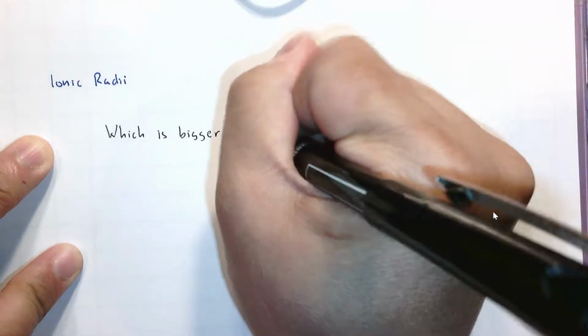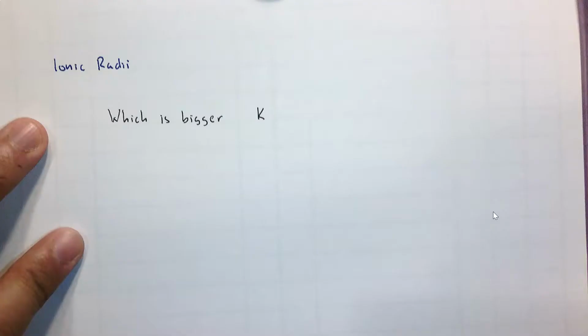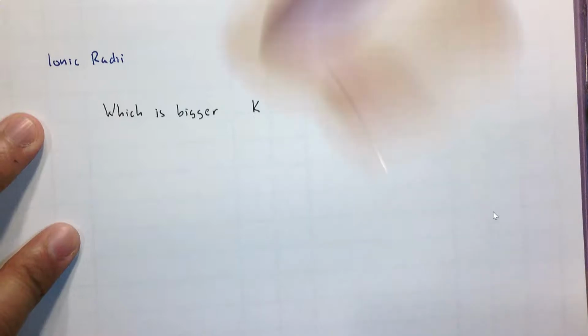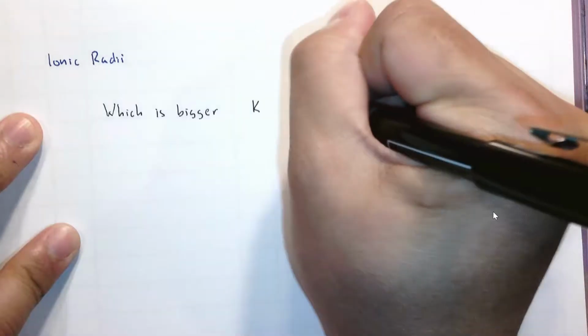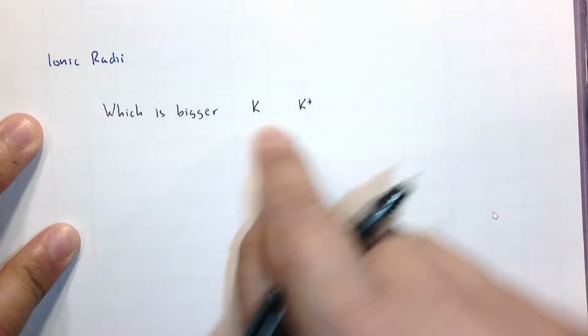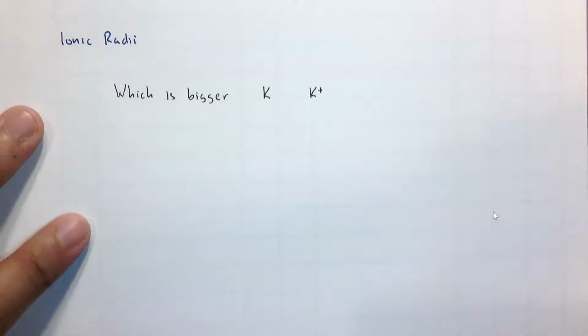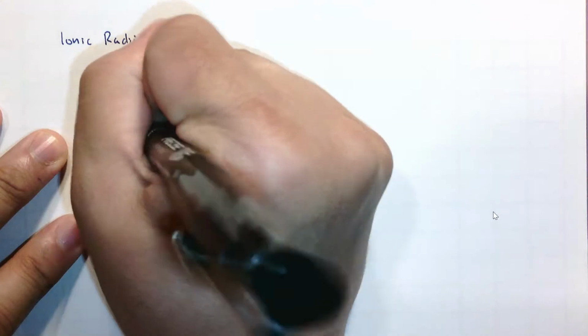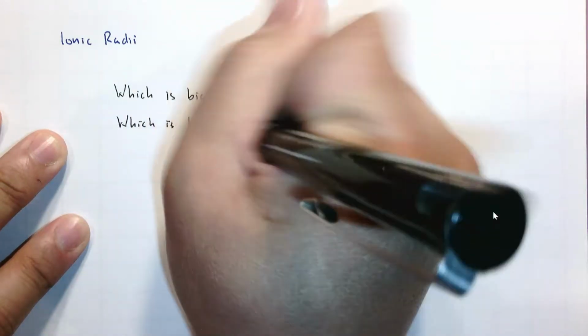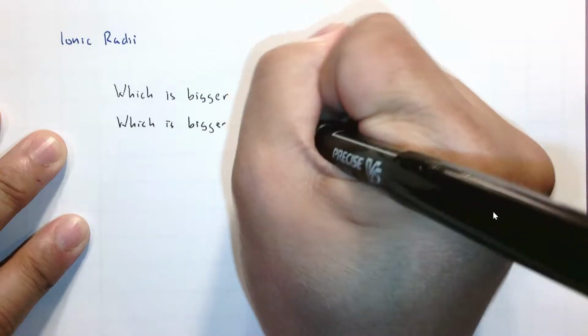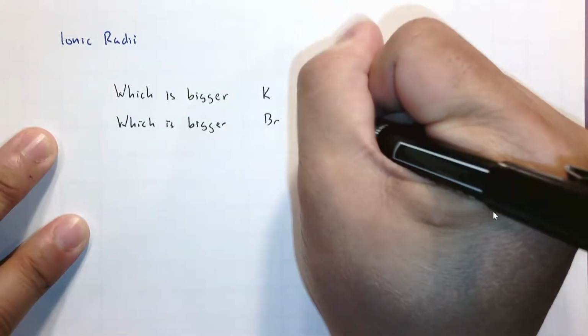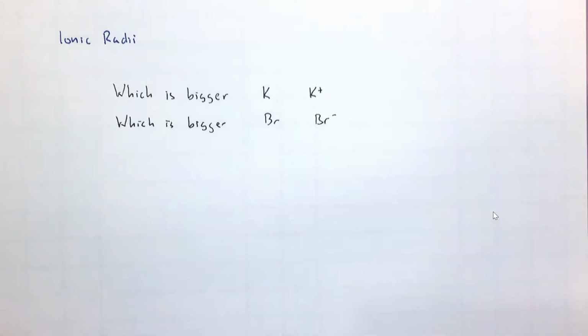An atom of potassium, or if we ionize it to K+, which of those 2 is bigger? And also, which is bigger out of these 2, bromine and Br minus?